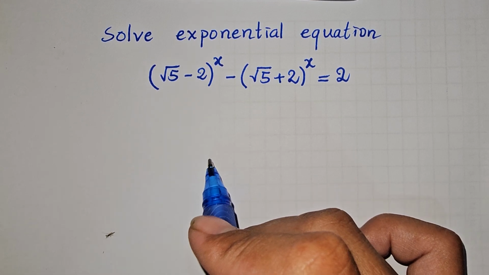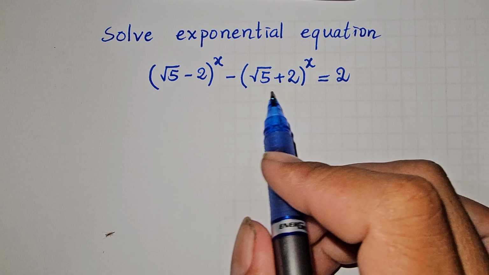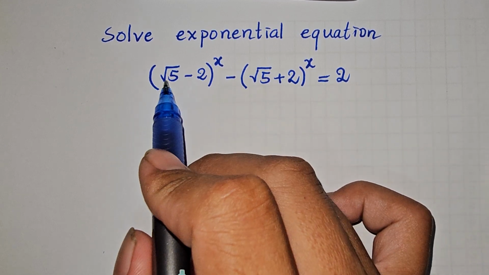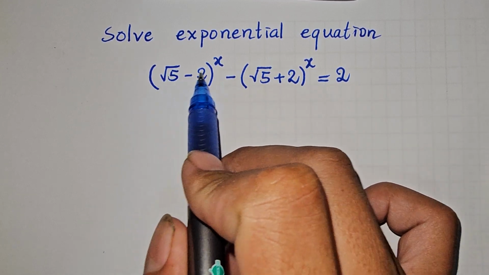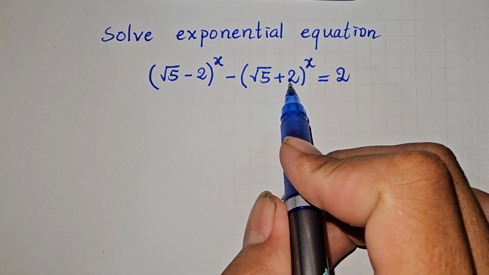Okay, now we go to the solution together. Look at our equation, which has the base square root 5 minus 2, and here the base square root 5 plus 2.